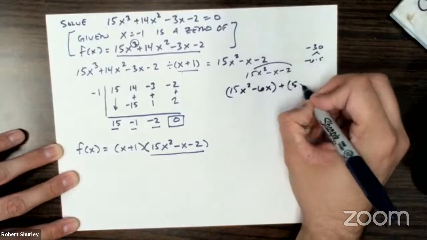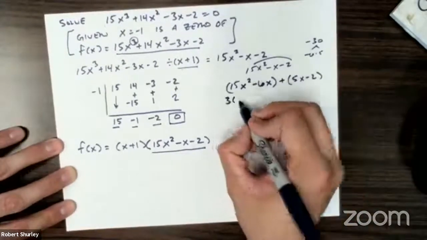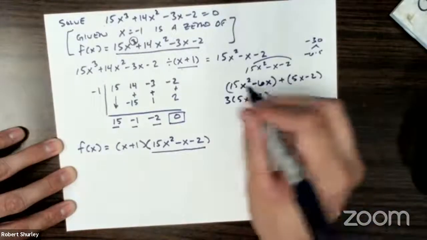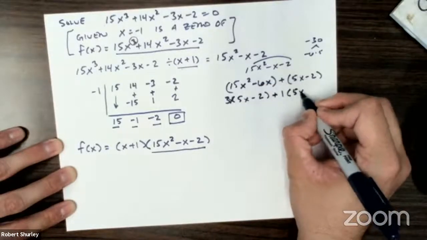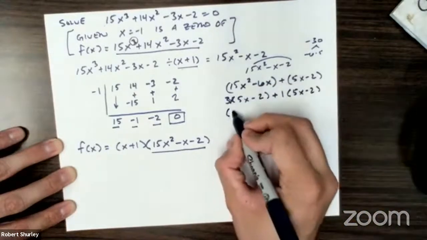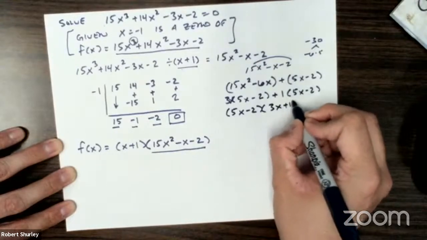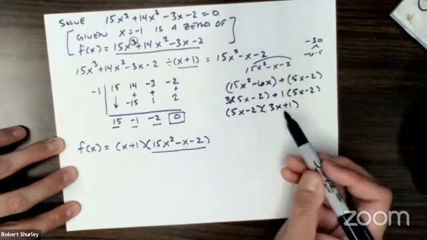I can factor out a 3 here, leaves me with 5x minus 2. Actually, 3x. And then I can factor a 1 out. So this winds up being 5x minus 2 times 3x plus 1. So this actually factors into those two factors.